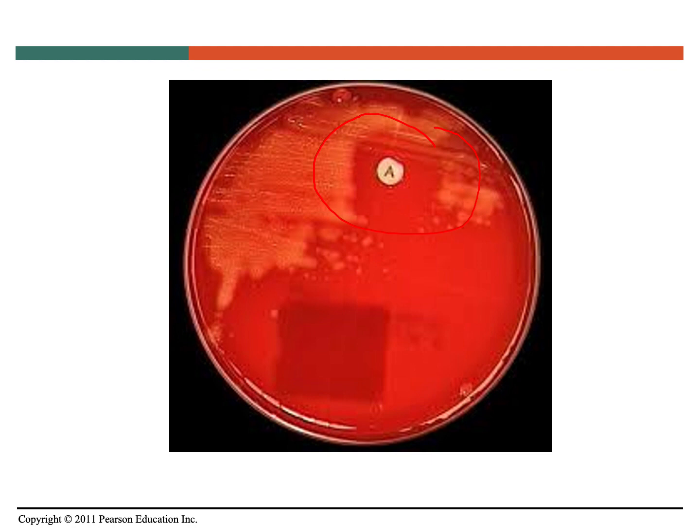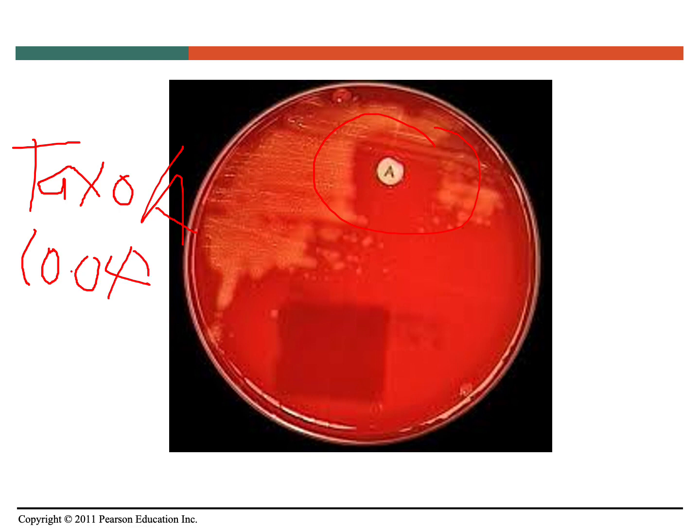Your bacitracin, by the way, is also known as taxo A. In some textbooks, bacitracin refers to taxo A, and the number of units, if asked in the board exam, is 0.04 units. That's the concentration of your antibiotic disk for bacitracin.